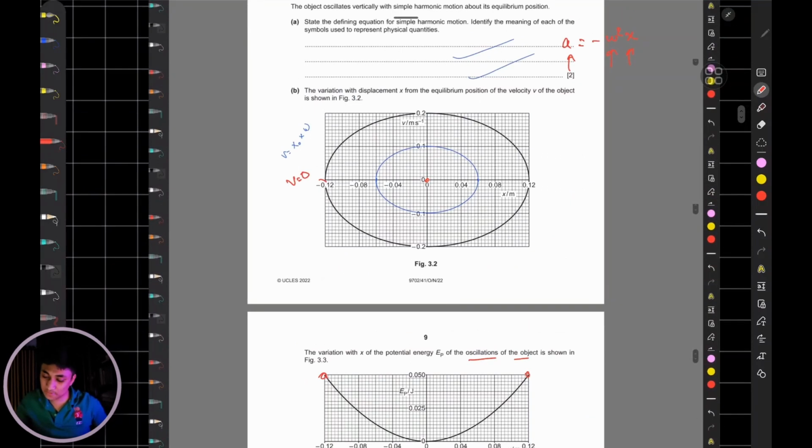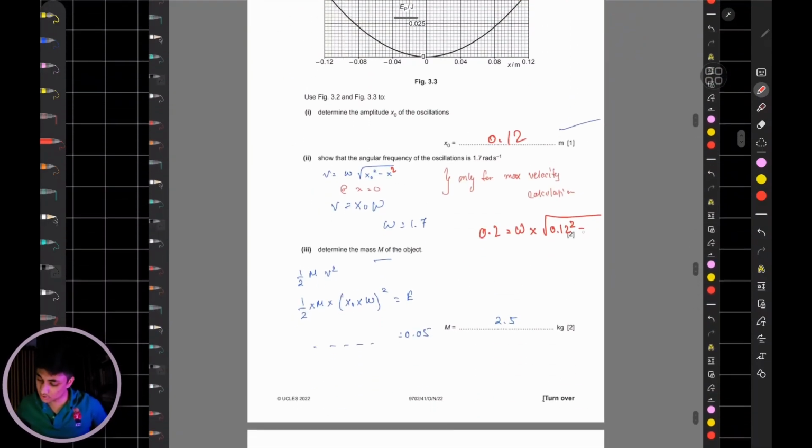Why? Because at this position, when velocity is maximum, remember your displacement is 0. So minus 0 square. When I simplify, it turns out to be omega times 0.12 because root and square cancel off. So your omega is going to be 0.2 divided by 0.12. And your final answer turns out to be 1.7. Great. So your final answer is 1.7 rad per second.